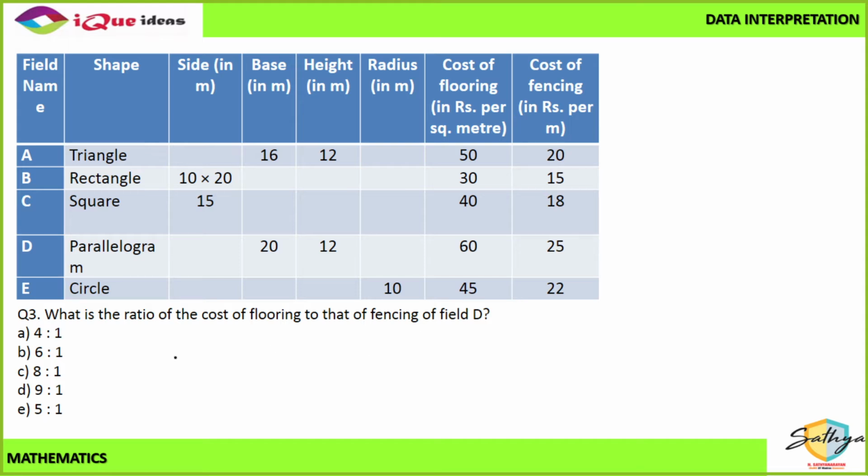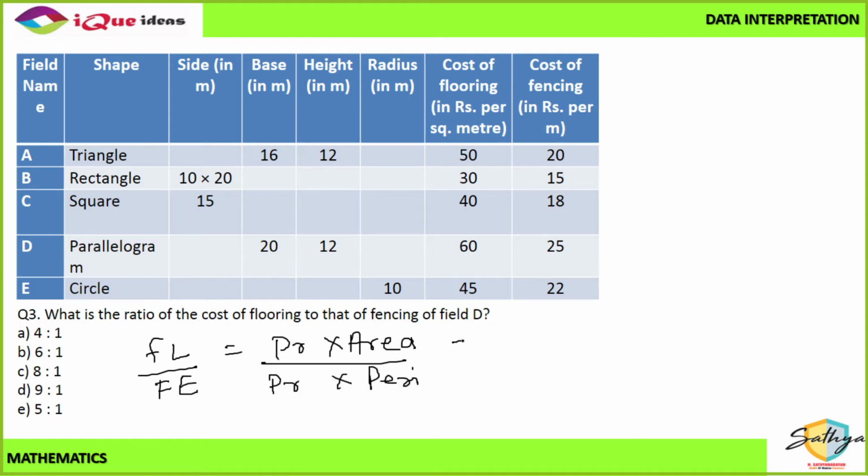So flooring upon fencing. Flooring is price of flooring multiplied by the area, divided by price of fencing multiplied by the perimeter. So for flooring, what is the price for a parallelogram? It is 60, and area is half into base into height.